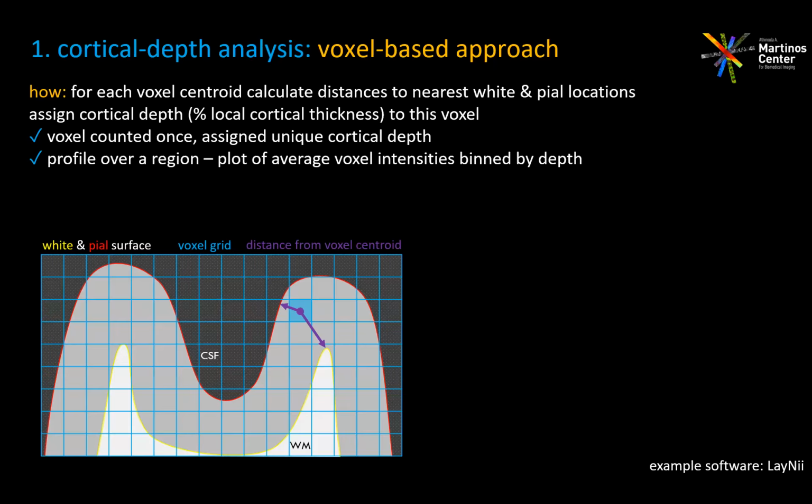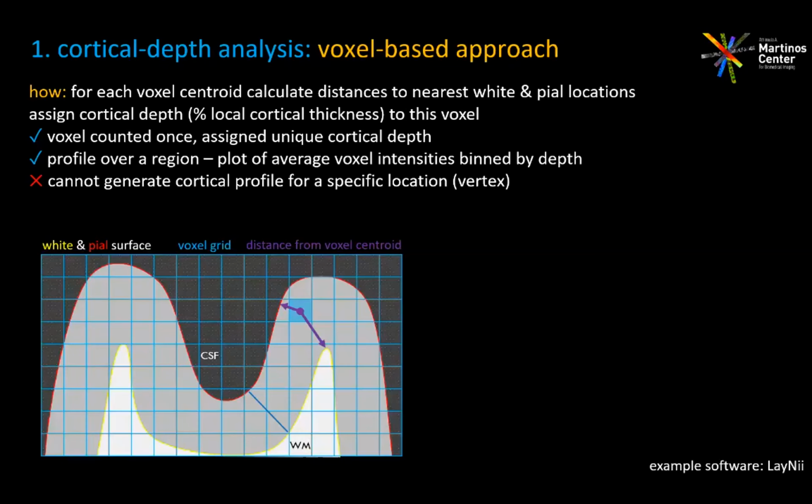So it's easy to create a profile over a region. You basically just take the voxels, plot them together, and bin them by the depths. What we cannot do easily here is generate a cortical profile at a specific arbitrary location on the cortex, such as a mesh vertex you'll see on the next slide. As you can see here, this profile crosses only 2 different voxels, so there are only 2 depths in this specific location.